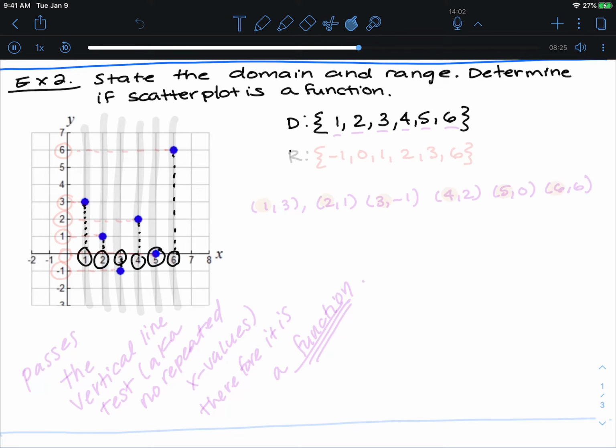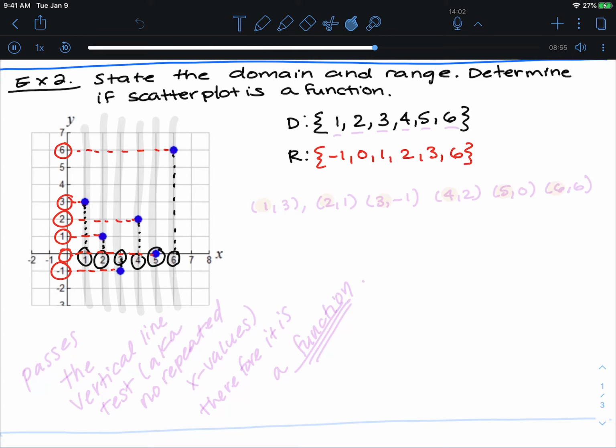Okay, and that's my domain. Now for the range, I'm going to look at the Y values. So I just go 3, 1, 2, -1, 0, and then 6. So my range is going to be -1, 0, 1, 2, 3, and 6.